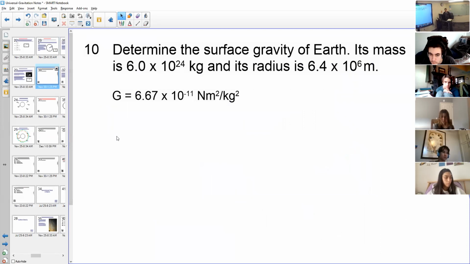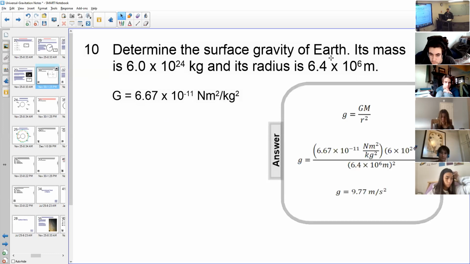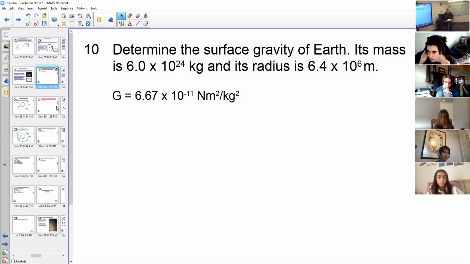So here is the kind of question that you could be asked. Determine the surface gravity of Earth. Its mass is given, the radius is given. So we just plug it into the equation and we can see, based on these bits of information, g would be pretty close to 9.8, like we expect it would be. So that's a way you could apply this equation.